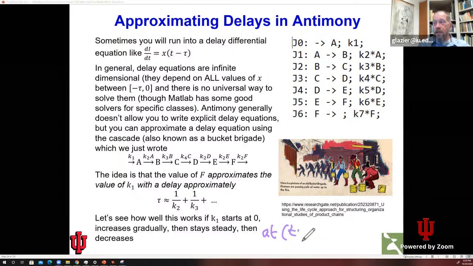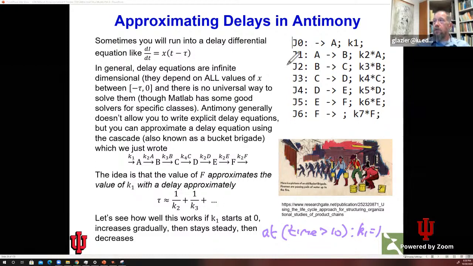So you could say "at time > 10:", I don't know, "K1 = 1", something like that. Okay, that would work.